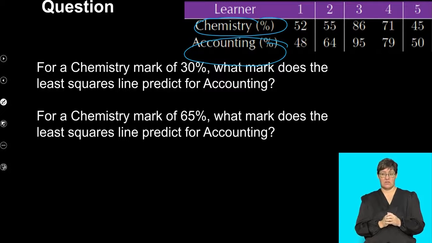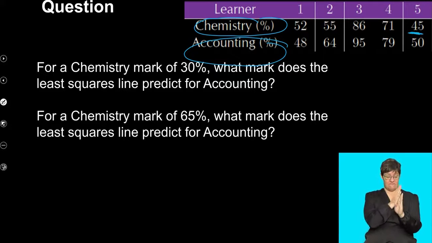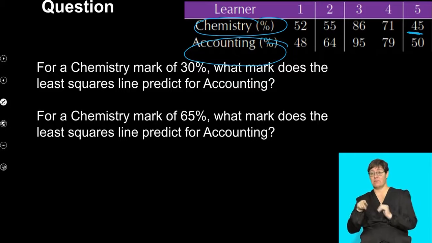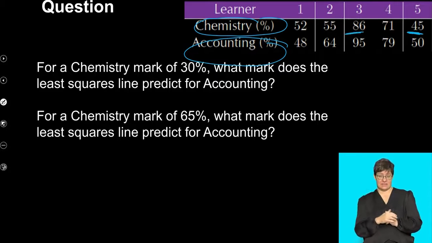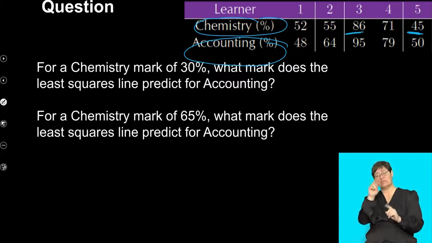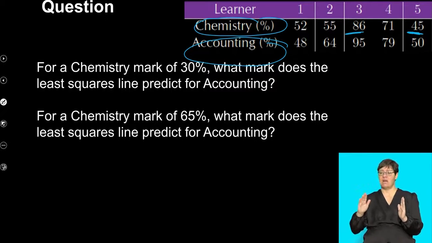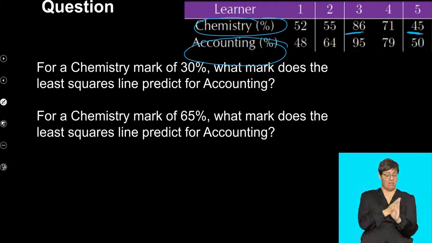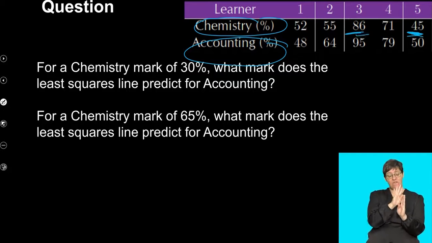The minimum value is 45. The maximum is 86. If I predict any number between 45 and 86, I'm interpolating. But after 86, I'm extrapolating because the range is 45 to 86.